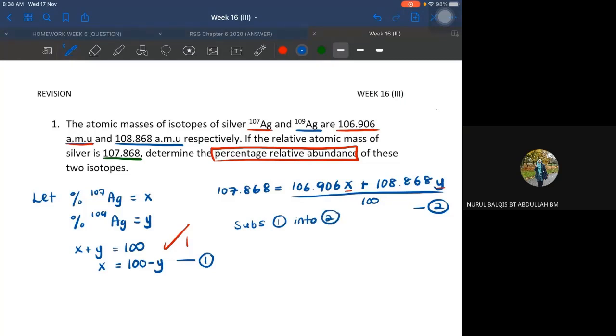Once kita subs 1 into 2, kita akan dapat, saya terus masukkan awak akan dapat dan awak akan darab 107.868 ni darab dengan your denominator 100, you will get 10786.8 equal to, so saya akan dapat, nanti saya kembangkan, 10690.6 minus 106.906Y.